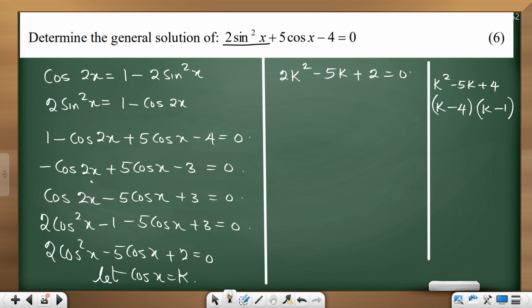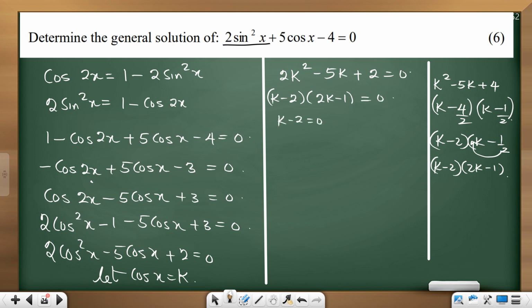But I multiplied by 2, so I'm going to divide by 2. Depends on whatever method works for you. This is k minus 2, and this is k minus half. I'm going to bring that 2 there. What do I have? k minus 2, 2k minus 1. I'm done. k minus 2, 2k minus 1 equals 0.